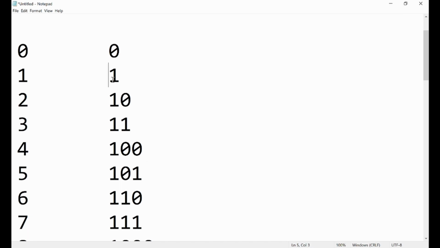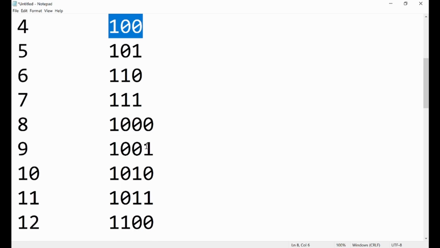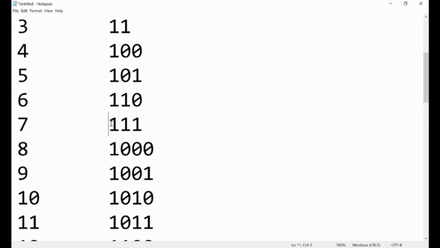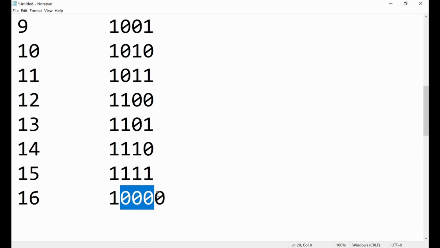When we got to the end here with just 1, we increase to 1 with 1 zero. When we got to the end here with 1 1, we increase to 1 with 2 zeros, right? When we got to the end here with 1 1 1, we increase to 1 with 3 zeros. Is that not what we did? So here, now that we've gotten to the end of 4 ones, we increase to 1 with 4 zeros.